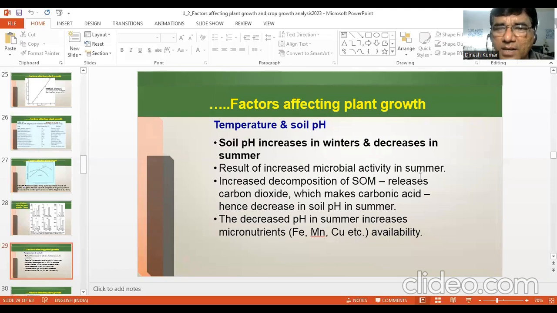But in winter months, you will not have this. Is that correct? The decreased pH in summer also increases micronutrient availability. So this is another advantage of acidifying the soils: it increases the availability of certain micronutrients like iron, manganese, and copper.